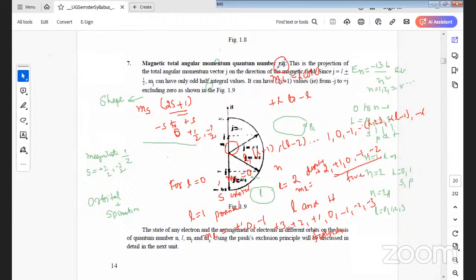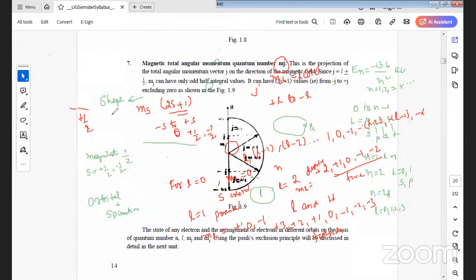Its numerical value is the projection of the total angular momentum vector j on the field direction, and j can have half integral values of mj.